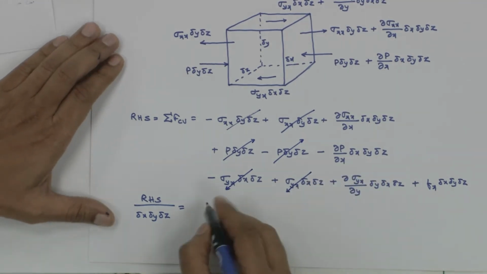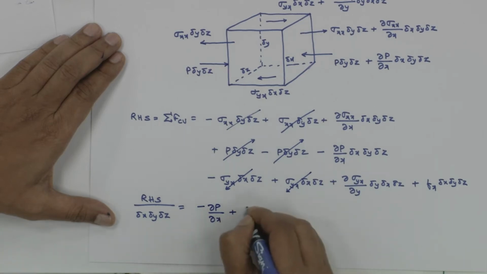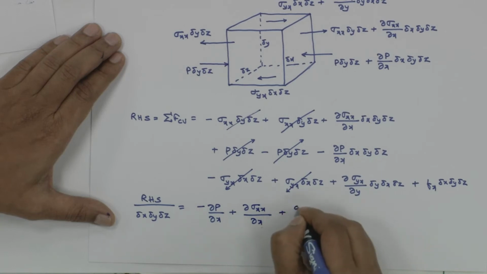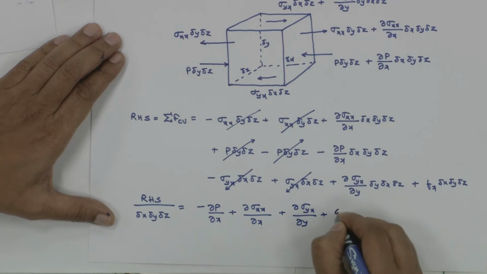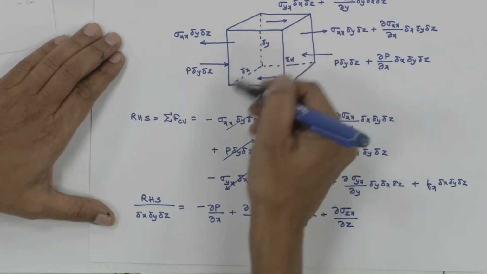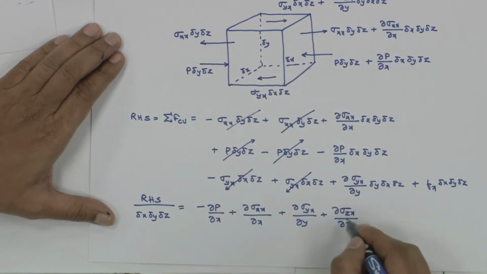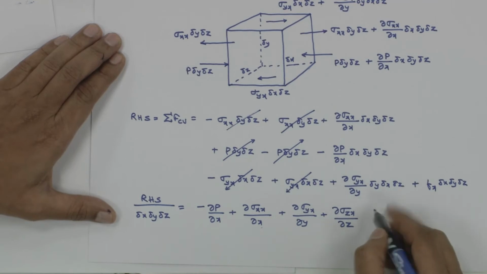So I am having minus del p by del x plus del sigma xx by del x plus del sigma yx by del y plus del sigma zx by del z. Z direction I did not intentionally write here because it's going to make it clumsy, but that's going to be on this surface. So del sigma zx by del z plus fx.